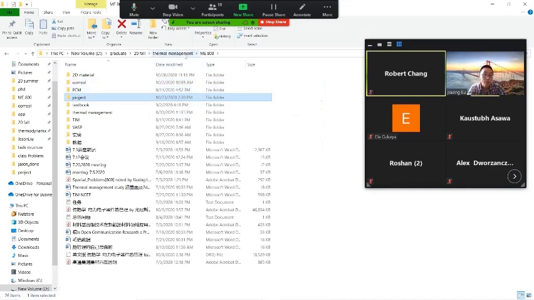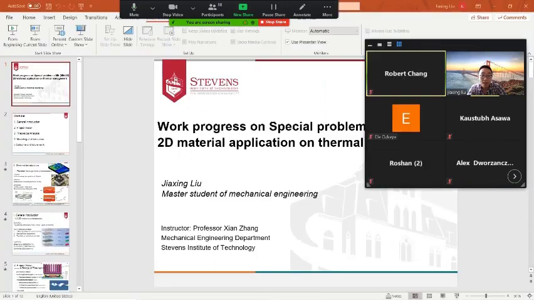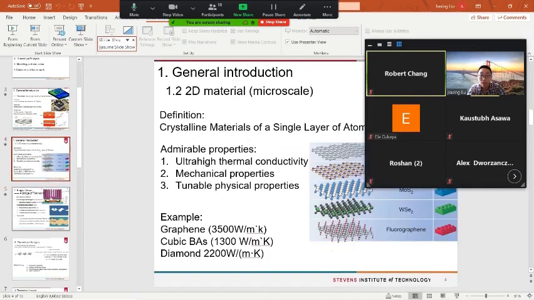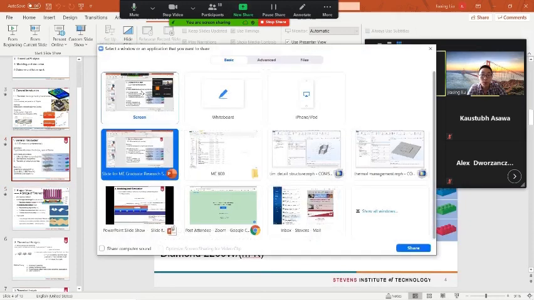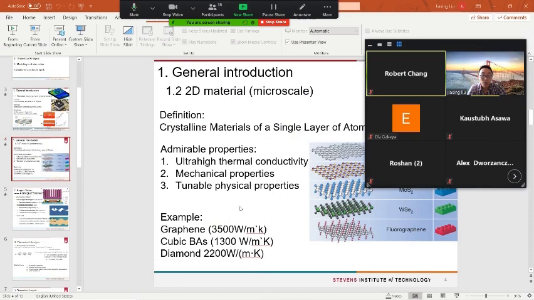So there are some factors that must be achieved when I want to use 2D materials. The first thing is the ultra-high thermal conductivity, which I talked about in the first slides. And graphene or cubic BAS can achieve such requirements. The second thing is to fulfill electrical insulation. But in that way, graphene is not an admirable material because it's conductive.